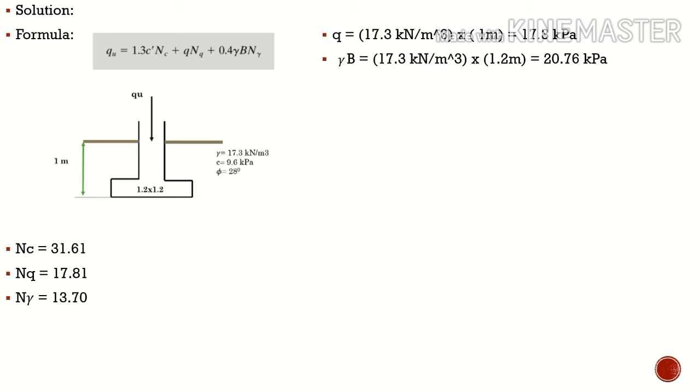So, we now have gamma B. Substitute into the formula to get the ultimate bearing capacity. So, qu is equal to 1.3 times 9.6 cohesion times 31.61 Nc plus q, 17.3, times 17.81 Nq, plus 0.4 times 20.76 gamma B times 13.70 N gamma.